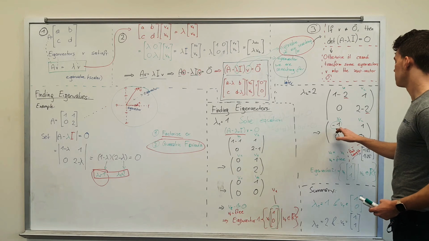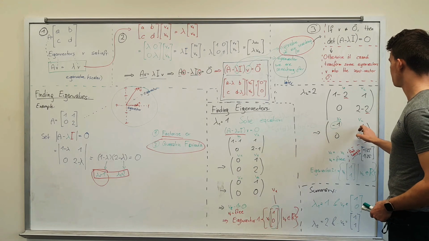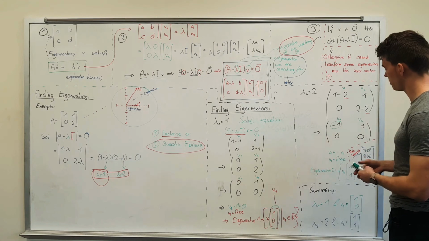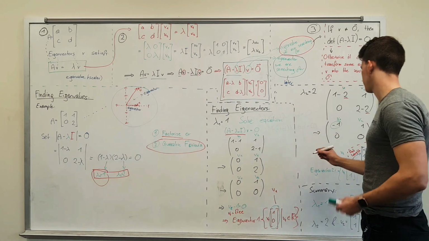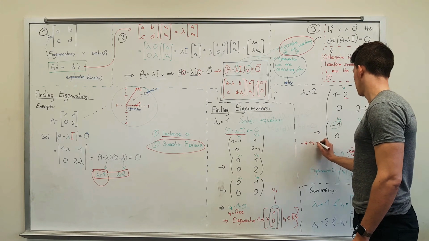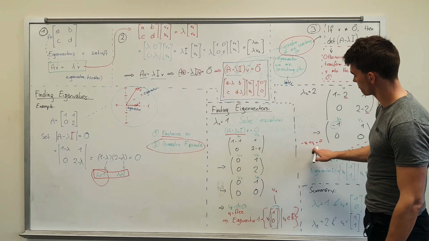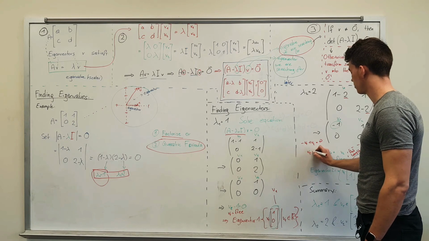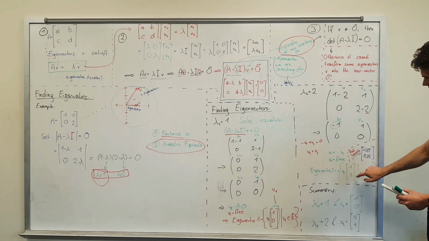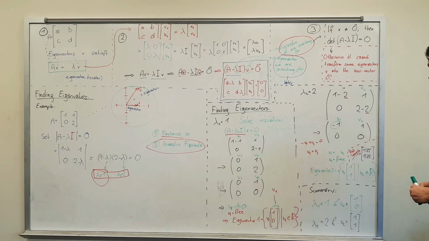So we say minus 1 times v1 plus v2 equals 0, or we can also write it down as minus v1 plus v2 equals 0. And we see that v1 must equal v2. So they just have to scale at the same rate. So 1, 1 is one solution.